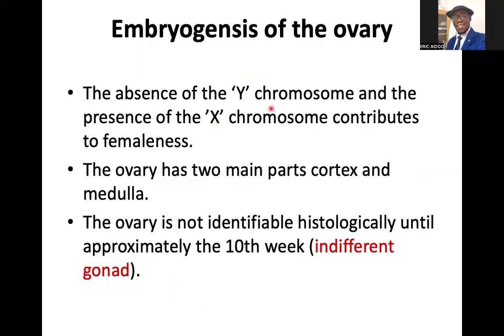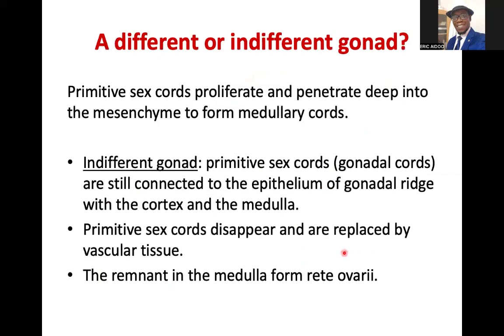So the absence of the Y chromosome and the presence of the X chromosome contributes to femaleness. The ovary has two main parts, cortex and medulla. The ovary is not identifiable histologically until approximately the 10th week, prior to which we call that the indifferent gonad.